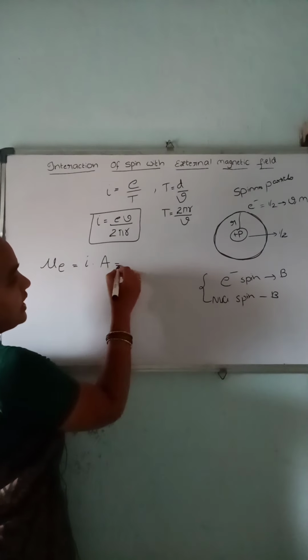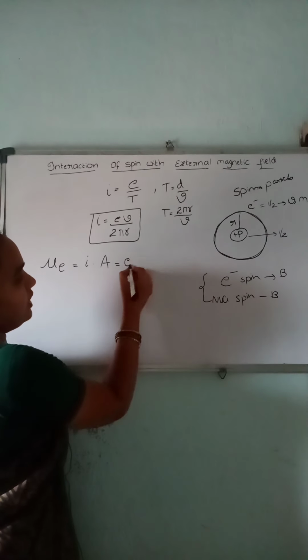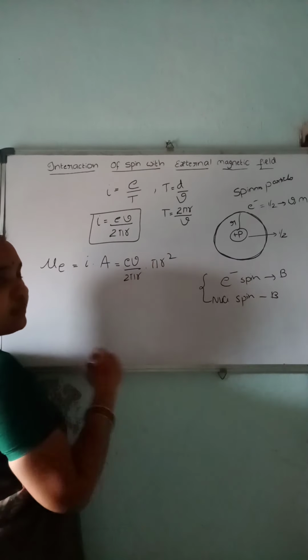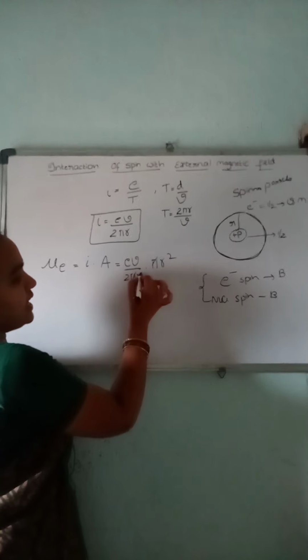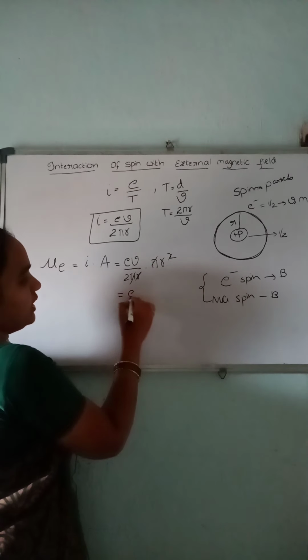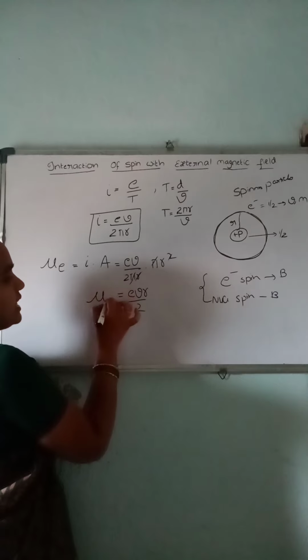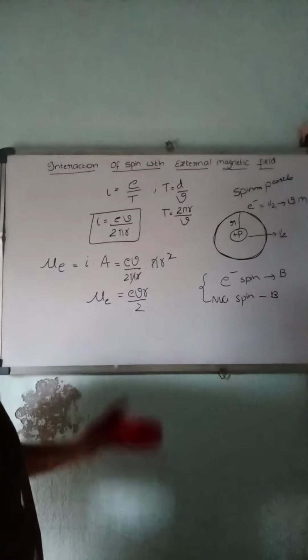What is the current generated by this electron? ev by 2 pi r, and the area of this circle is pi r squared. So pi cancels, and r cancels. The magnetic dipole moment of an electron is given by evr/2.